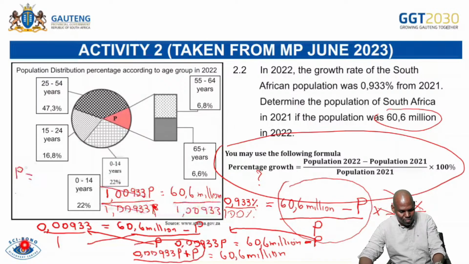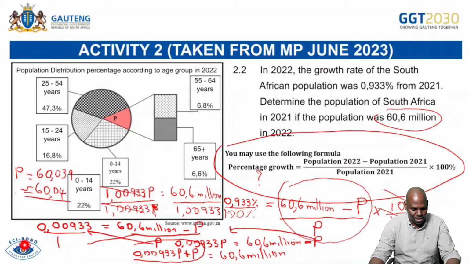And then this will give me 60.039. So I can estimate it to be 60.04 if I round it up to 2 decimal places. But if I round it up to 1 decimal place, it's just 60.0.